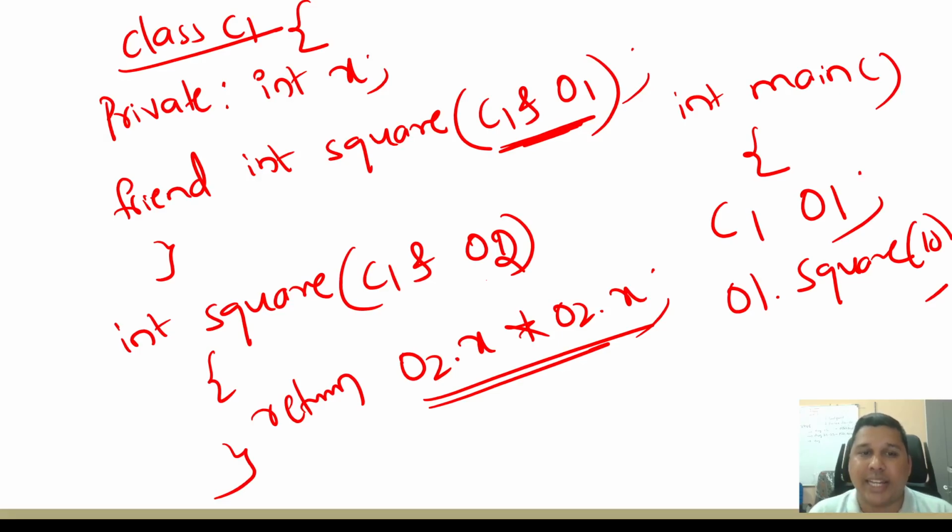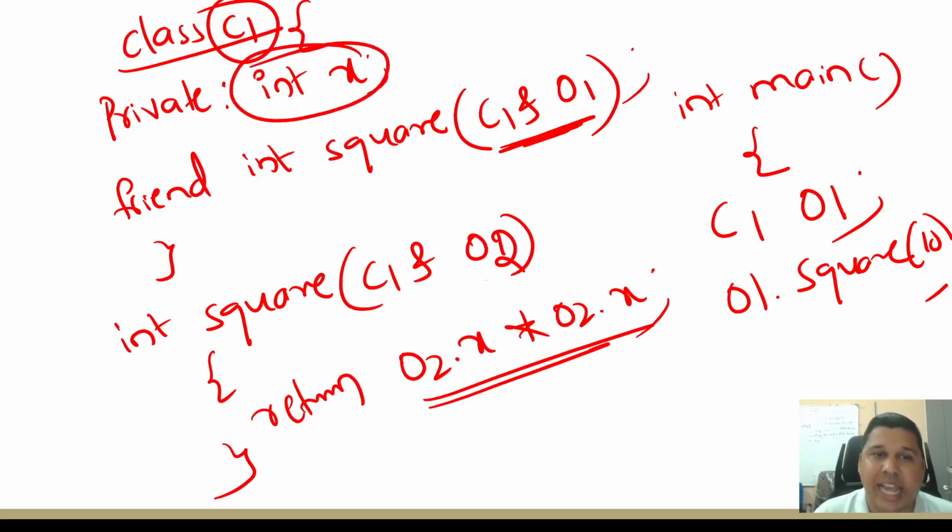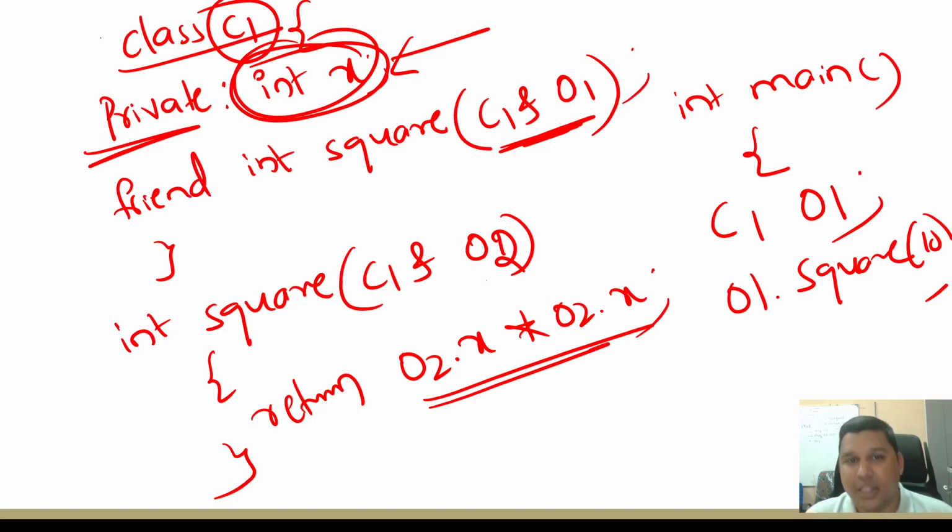The overall point here is that inside class C1, there is a private variable x, and we know that a private variable inside a class cannot be accessed outside the class. If I want to use this variable x outside the class, then one way is to define a friend function or else define a friend class.